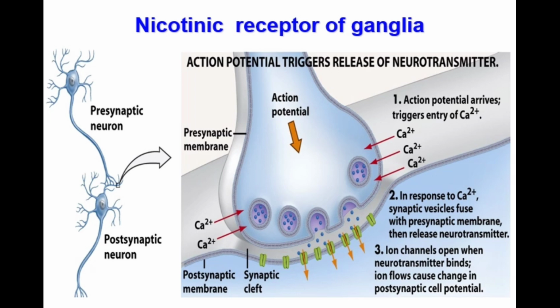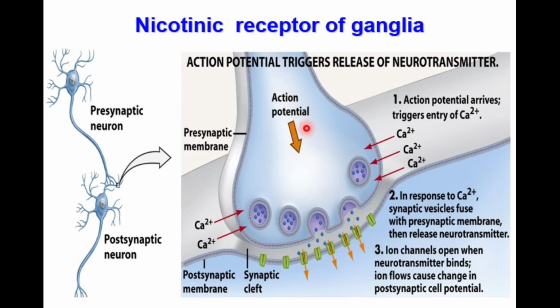Pharmacology of agonist at cholinoceptor of autonomic ganglia. Nicotinic cholinoceptors of ganglia are located all over the whole cell bodies of sympathetic and parasympathetic ganglia.